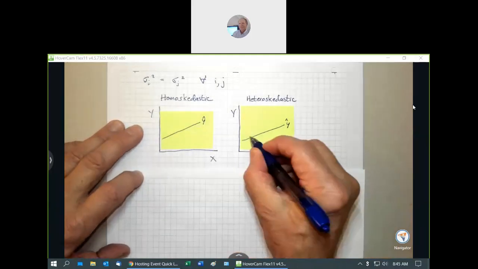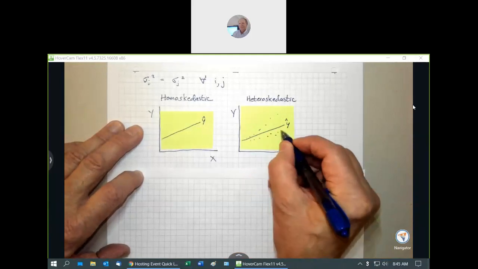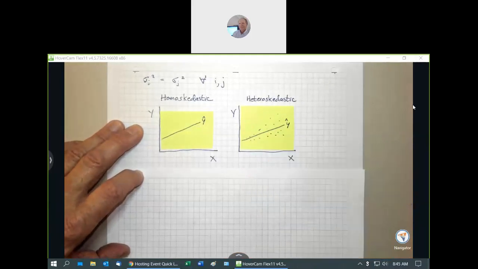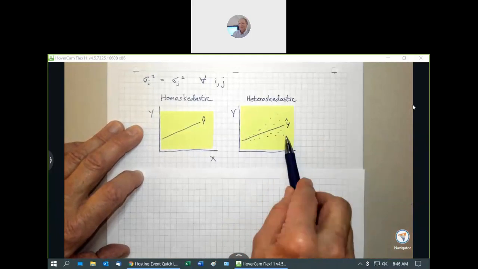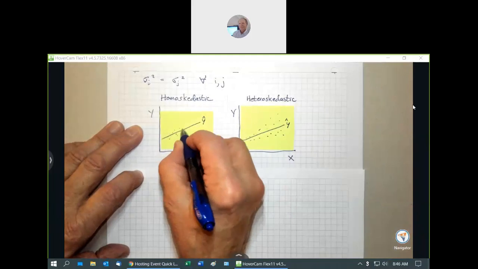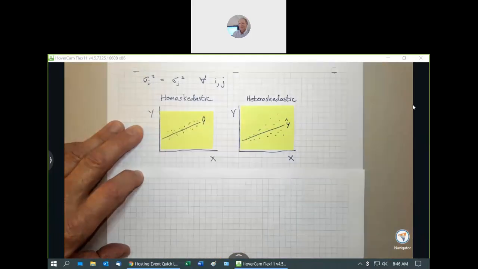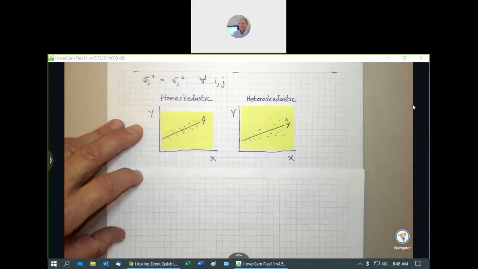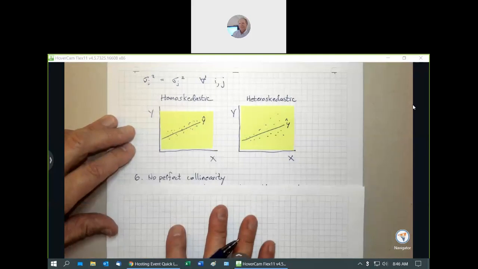Because the heteroskedastic one, typically you're going to see a pattern like this. The dots diverge from the line when it gets out like that. See, they're really close to the line over here and really far from the line like that. Well, when they are homoskedastic, they're about the same distance off the line wherever up and down the line you go. And they've got to be homoskedastic, no heteroskedasticity, for the Gauss-Markov theorem to directly apply.